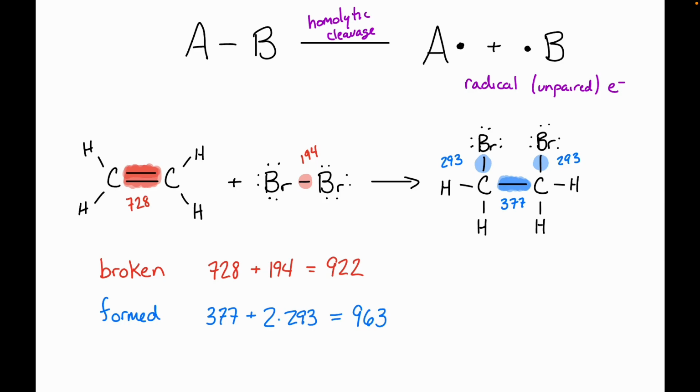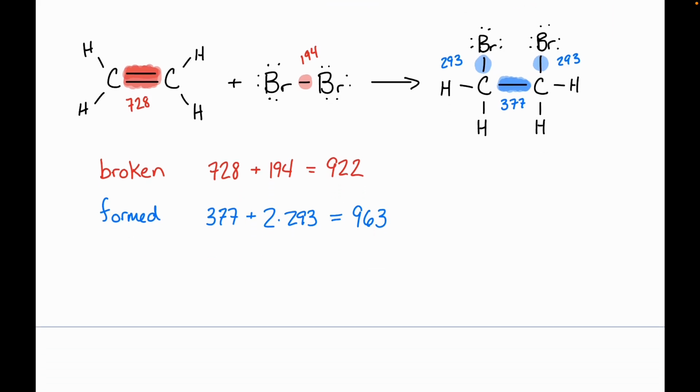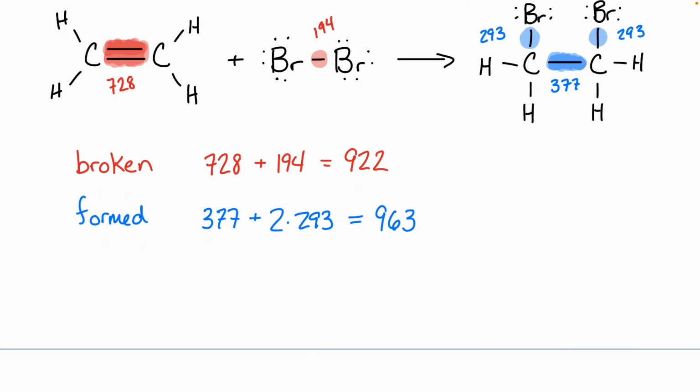All right, so if I have to put in 922 kilojoules, but then I get out more, right? That's the whole shtick. That's why these reactions like to happen, is because I get out more energy than I had to put in. Okay, so what we can calculate, the difference between these two, is what we call delta H, the enthalpy of this reaction.